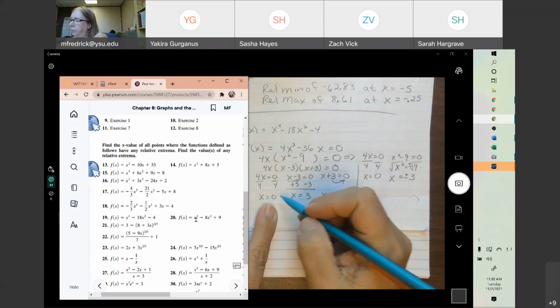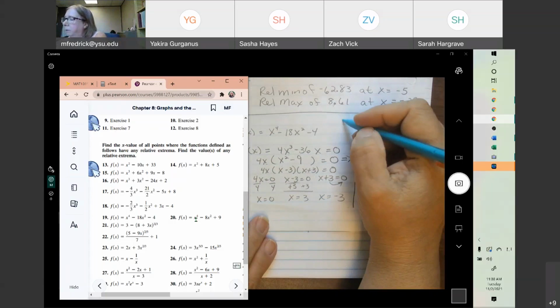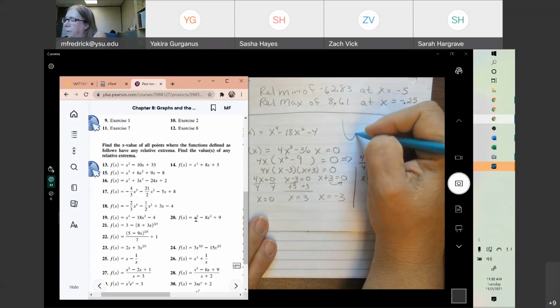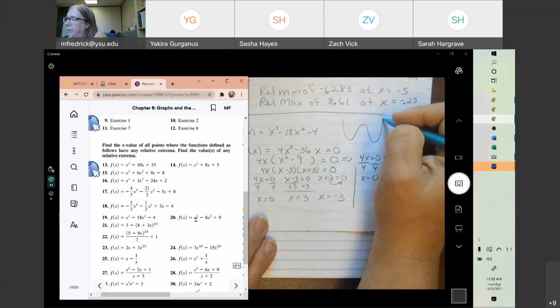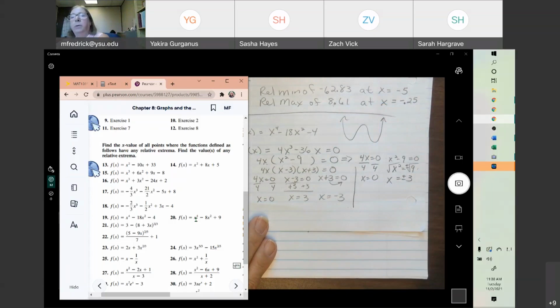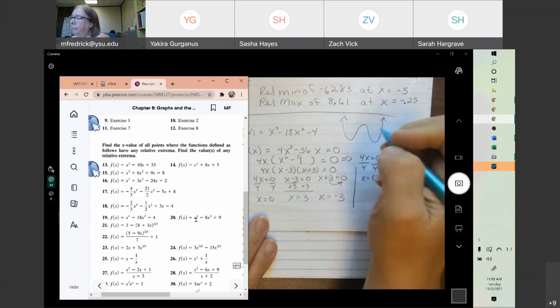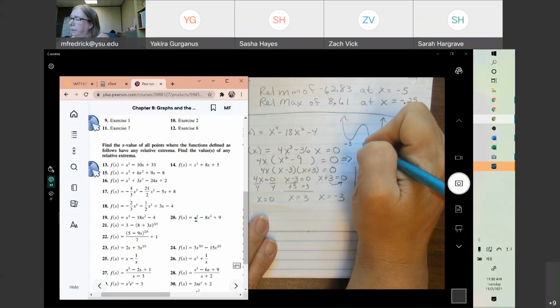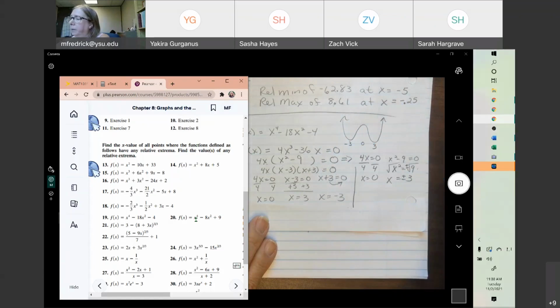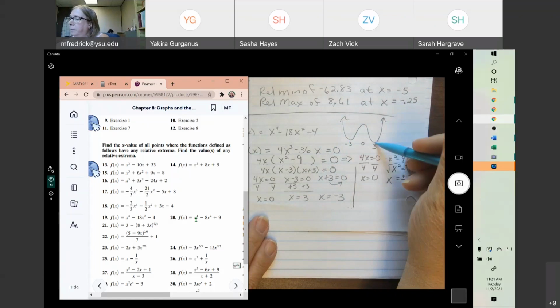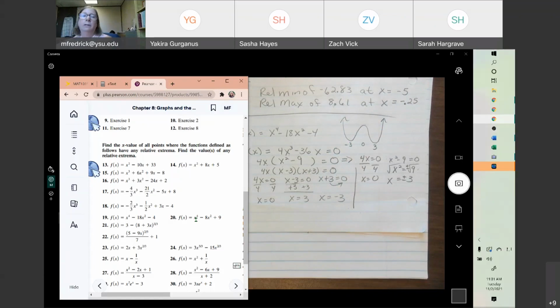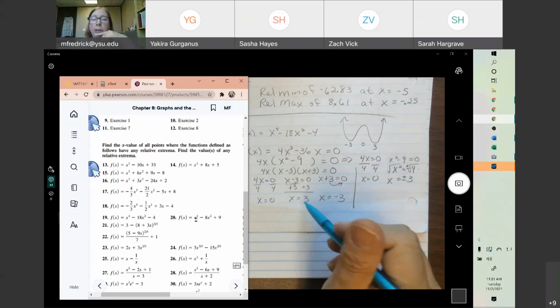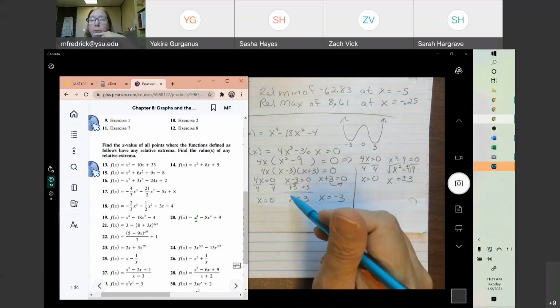And we're turning 1, 2, 3 times. So it's going down, up, down, and it has to end going up because it has to resemble a parabola. This would be the -3, this is the 0 and the 3. So we have two relative mins and a max. Any questions on that? So these are your critical numbers.